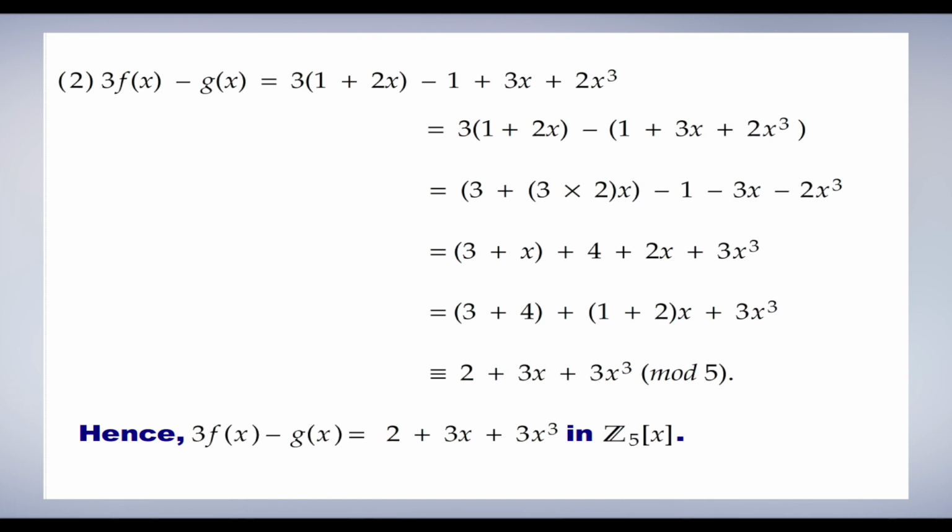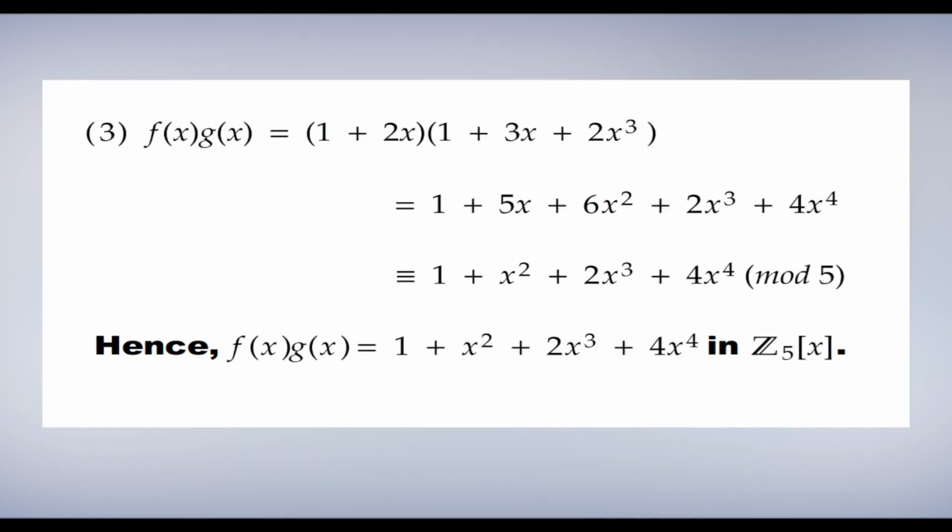We apply mod 5. So 7 divided by 5 gives the remainder 2, and we write 2 here. And 1 + 2 times x is 3x, plus 3x^3. So 3f(x) - g(x) is congruent to 2 + 3x + 3x^3 mod 5. Hence 3f(x) - g(x) = 2 + 3x + 3x^3 in Z5[x].